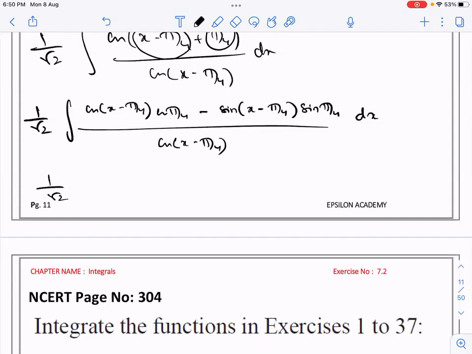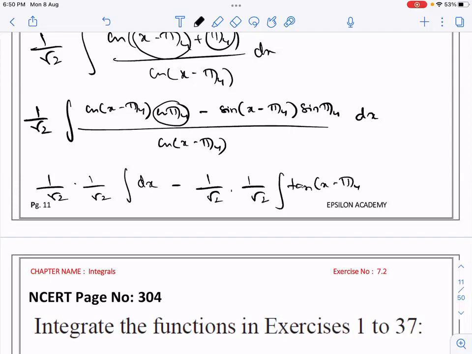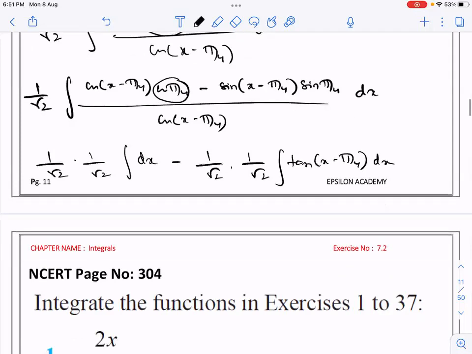So 1 by root 2 into, here I'll be left with 1 by root 2 times integral of dx minus 1 by root 2 into 1 by root 2 times integral of tan of x minus pi by 4 dx. Is this what you got? So you will get the answer as half into integral of dx, which is x, minus half into log of secant of x minus pi by 4, plus c.